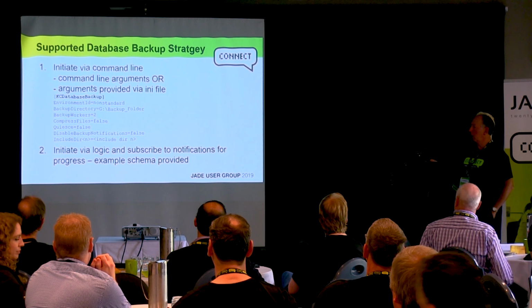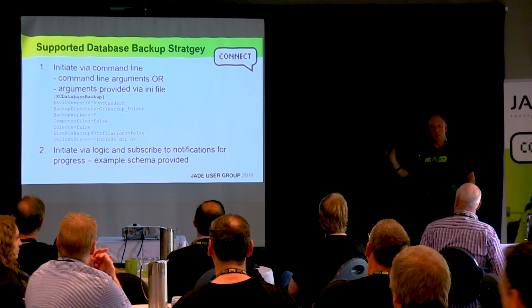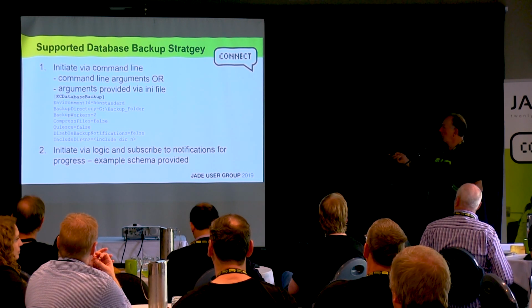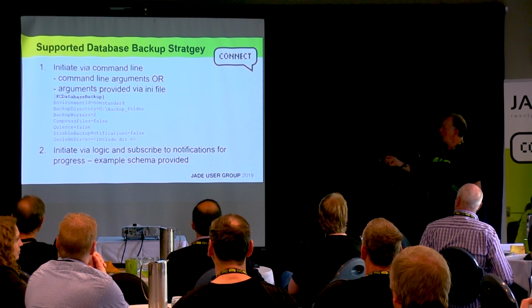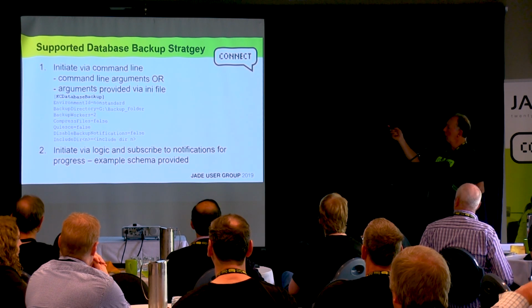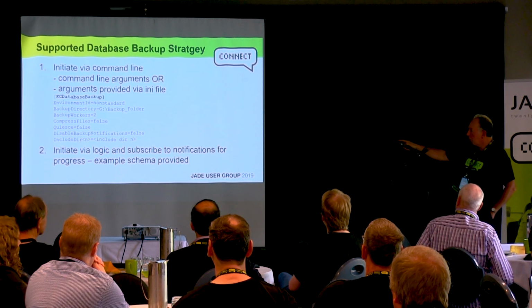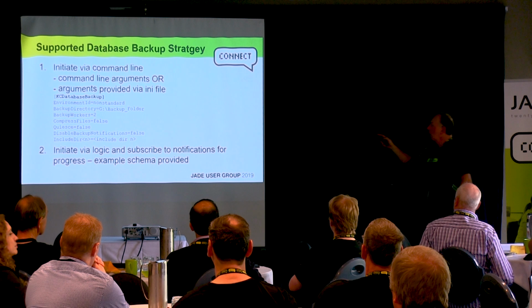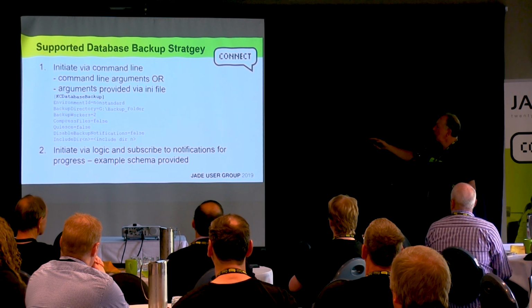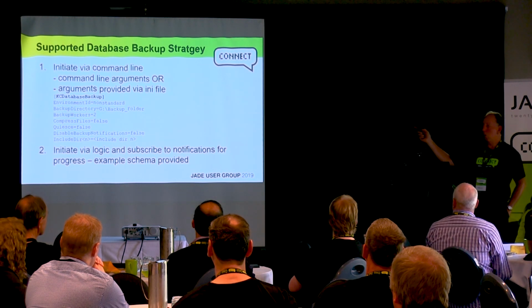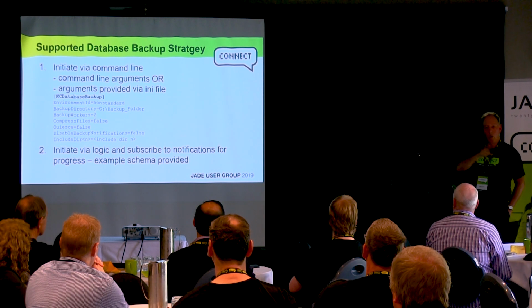Quiesced is like a poor man's offline. It puts it into a consistent state. And then you've got your directories that you can include. If you wish to, majority of the command lines, apart from everything down to disable backup notifications, you either have them on the command line or you have them in the ini file. So it's all or nothing.